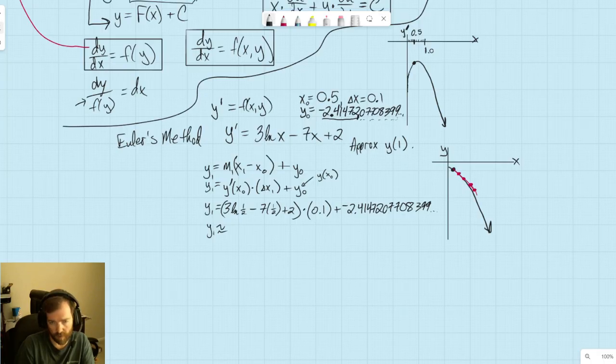So we take that number, we add to it 0.1 times that. That is y1 at 0.5. Okay, and this comes out with a number that is not terribly far away. Not surprising.